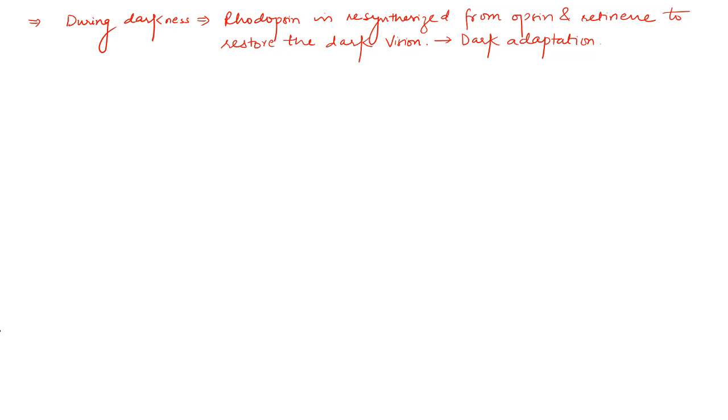Now, it is considered that there are three different kinds of cone cells, each of which contains a different light-sensitive pigment. We have already discussed the pigments of cone cells.